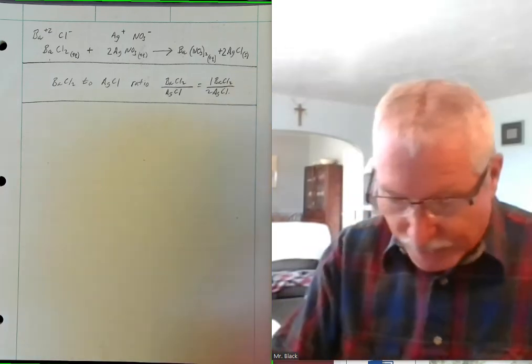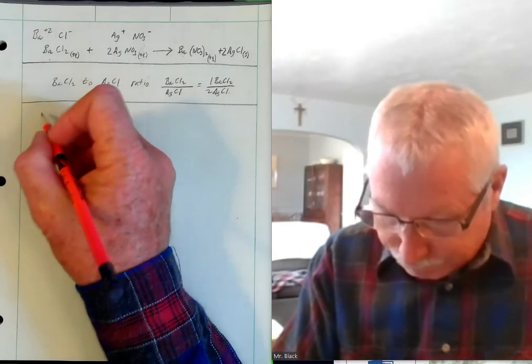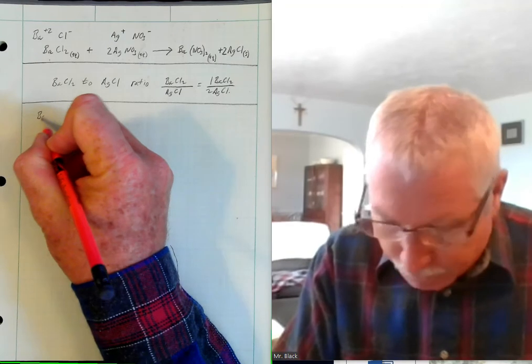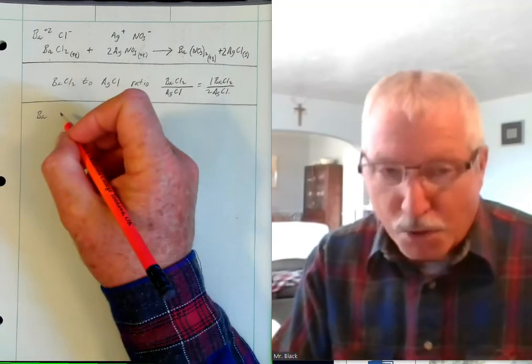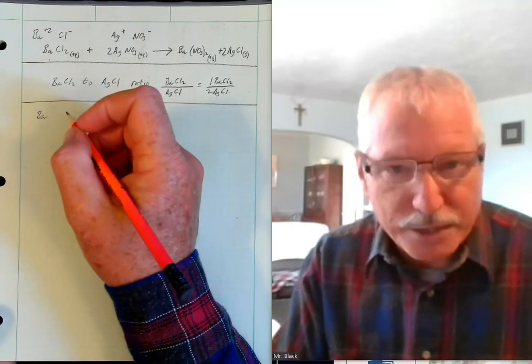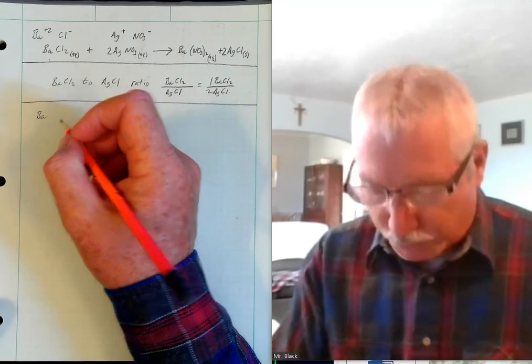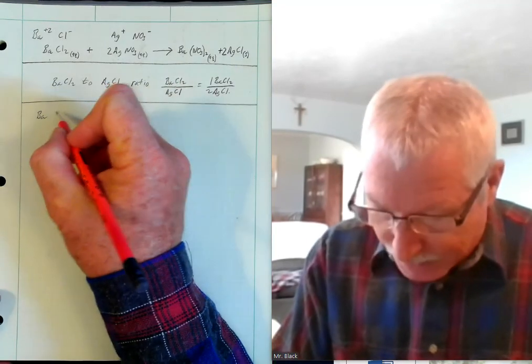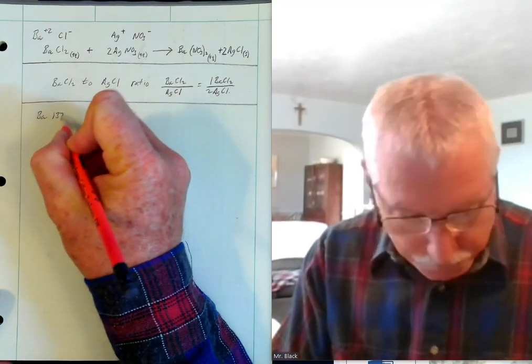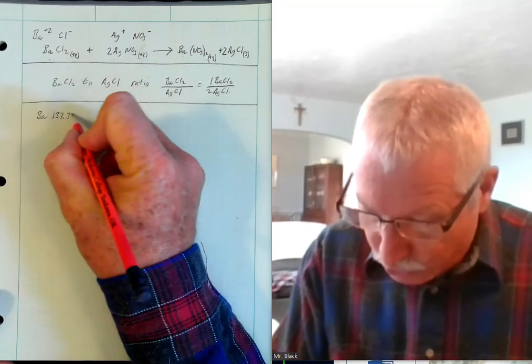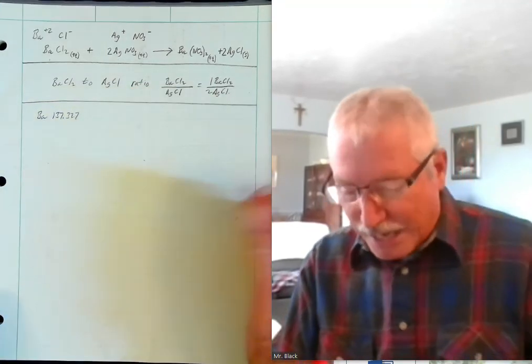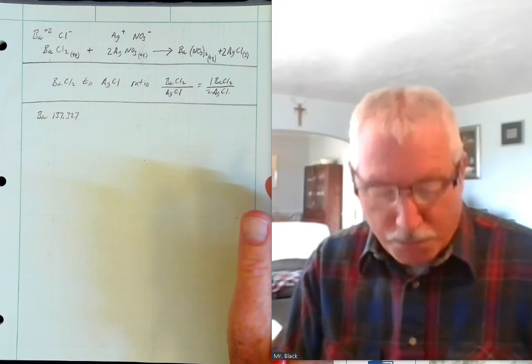Okay, for example, if I look up barium, I find that its molar mass, or its molecular weight, or actually its elemental weight, because we're talking about an element here, is 137.327, and that, of course, is grams per mole.